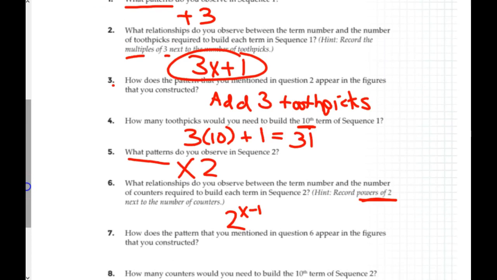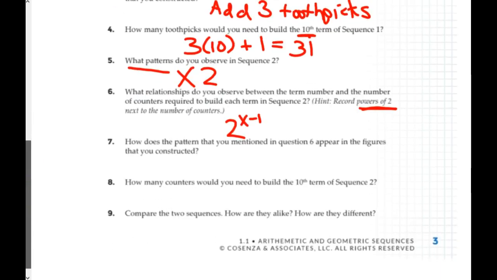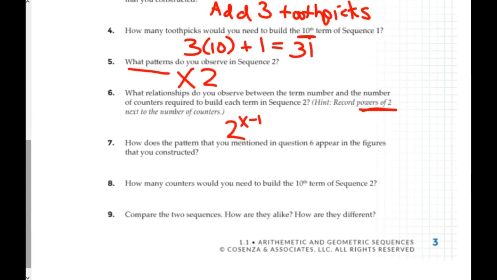So again, if your power of 2 to the term number is not exactly the same, you can add or take away from it. That'd be fine. So here's our rule. How does the pattern that you mentioned in question 6 appear in the figures that you constructed? Again, in the pictures, we were doubling the counters.